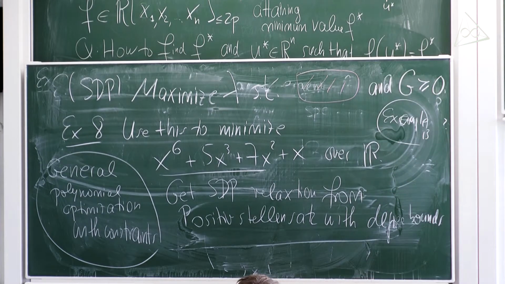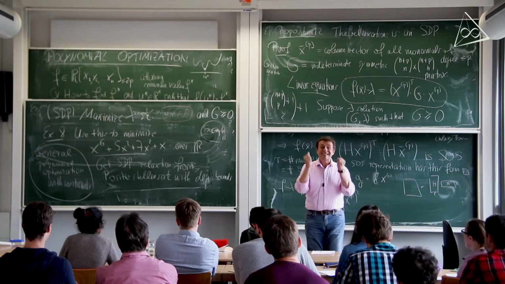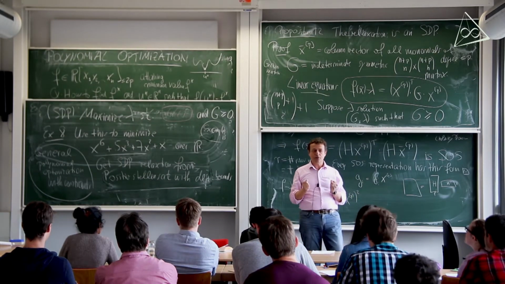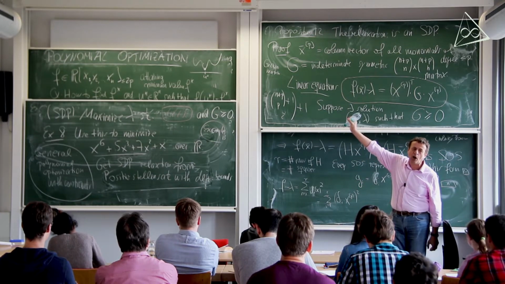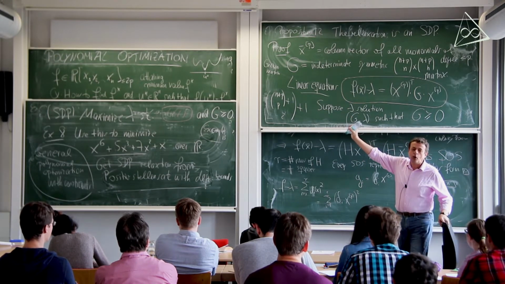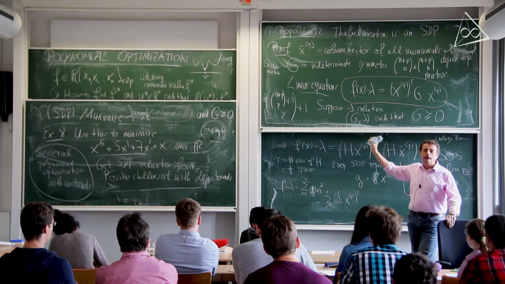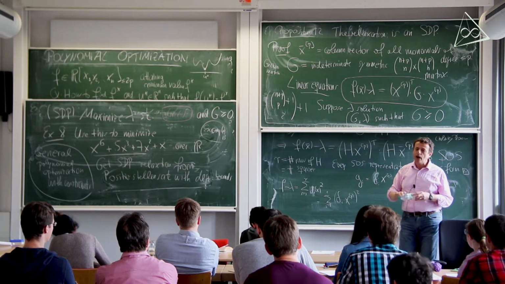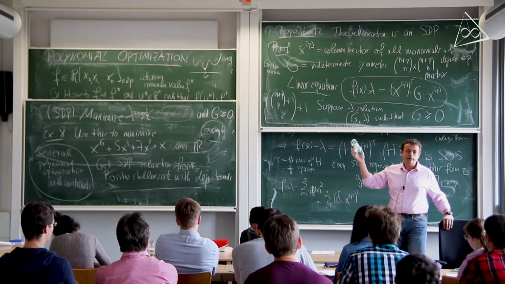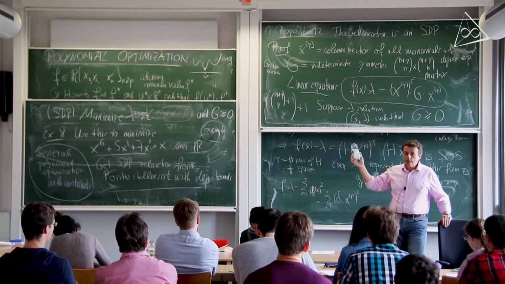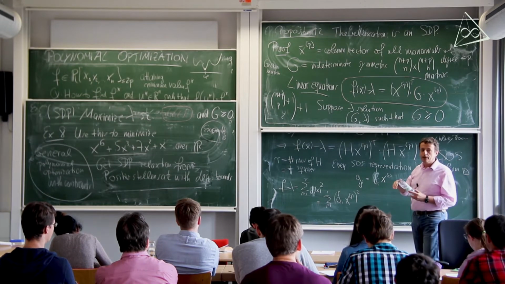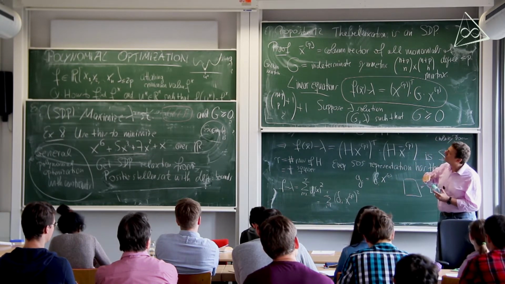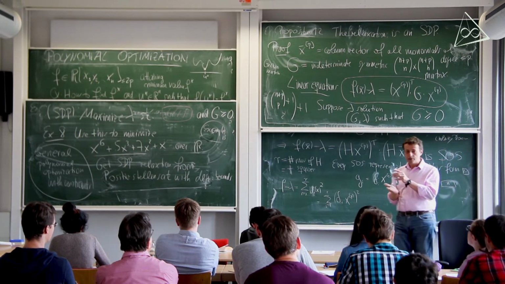The Positivstellensatz gives you a syntactic description of non-negativity. If you have a semi-algebraic set, such as this bottle, which is given by polynomial inequalities of various sorts, and you want to minimize some function, like go north on this bottle, then you can do exactly the same thing. Then you can write the certificate. Let's say you want to minimize some function f.